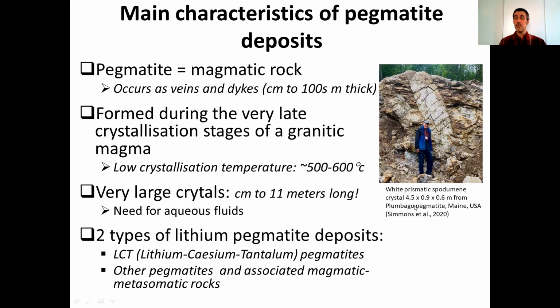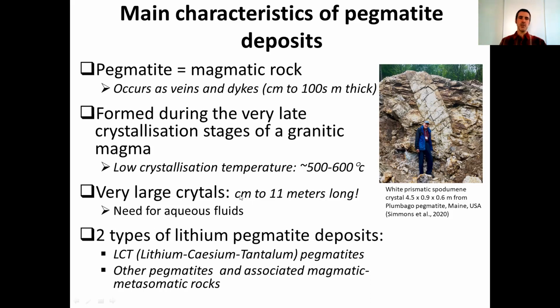In this specific deposit, some crystals are up to 11 meters long. And from different studies, geochemical studies and geological studies, we know that this kind of very large crystals cannot be formed if we don't have aqueous fluids to feed them when they grow.